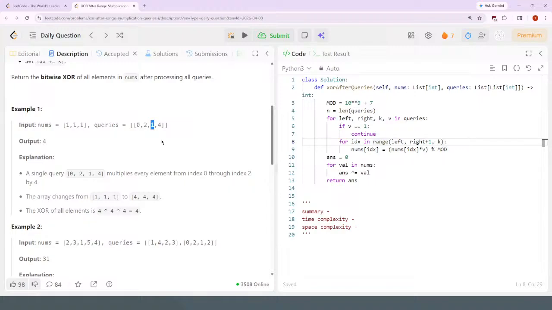So I would need to sort the queries so that I'm dealing with the lowest left bound query. And then I do what exactly?